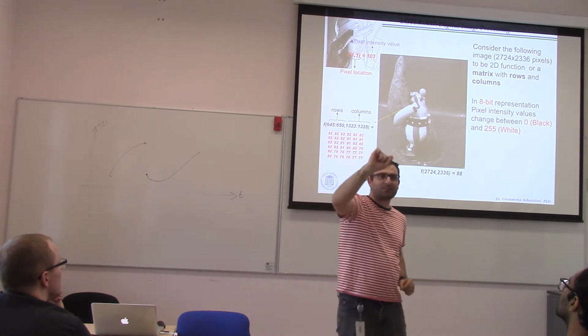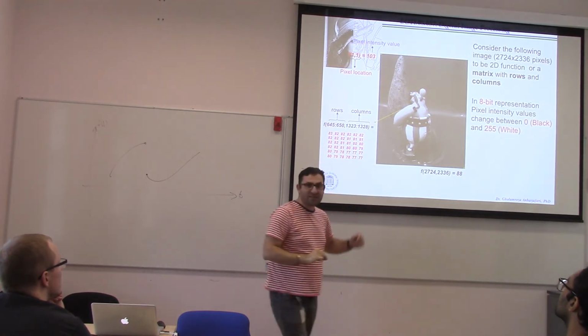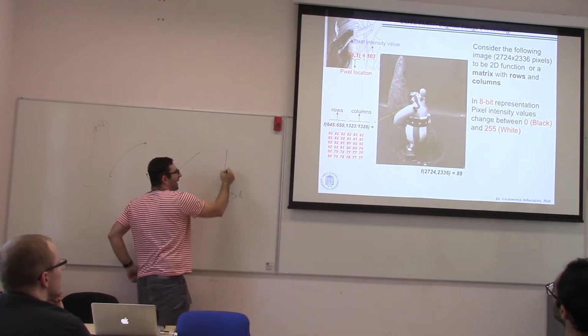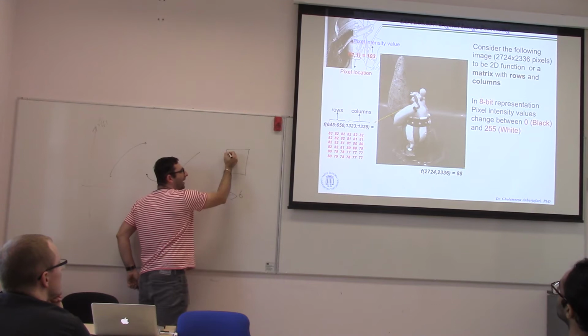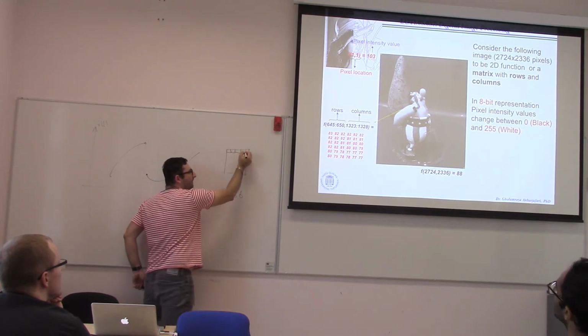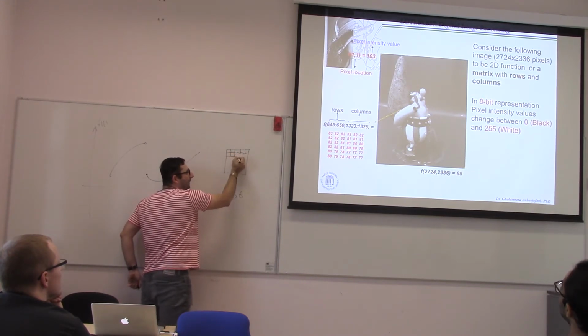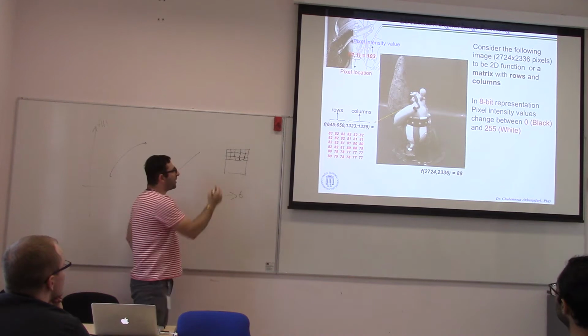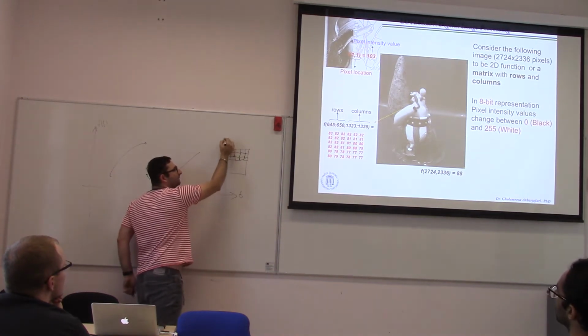These discrete places are called pixels. I have an image and I have lots of locations, and these are the unit locations. In other words, you cannot divide them into smaller places. Each of them is called a pixel.